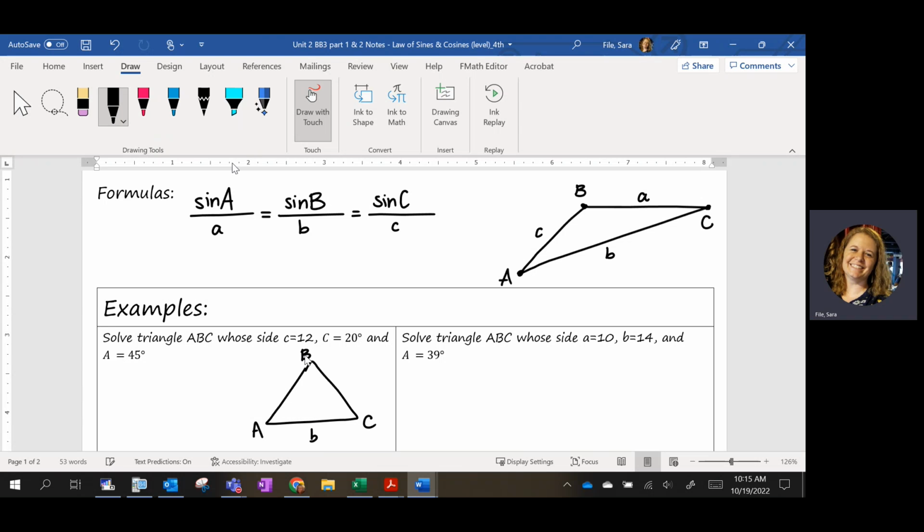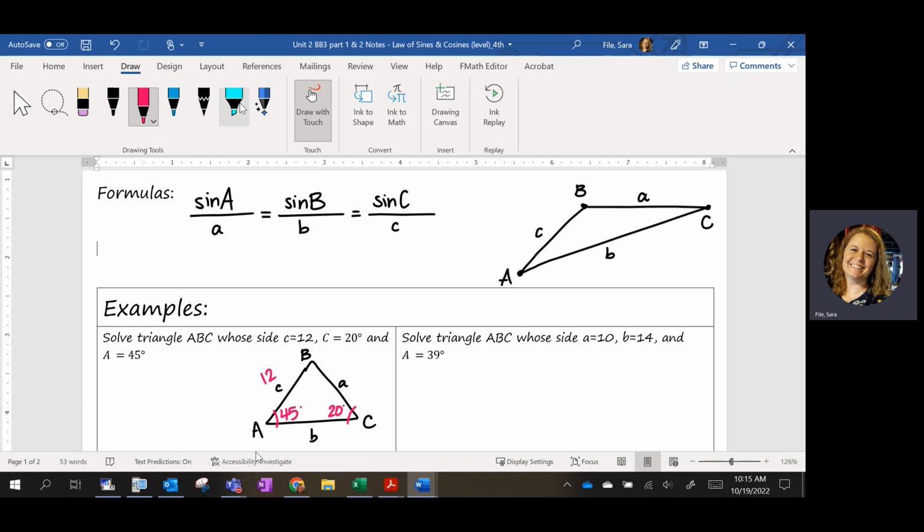So this would be side B, C, and A. The given information: side C is 12, angle C is 20, and angle A is 45. Obviously not drawn to scale. That's okay.